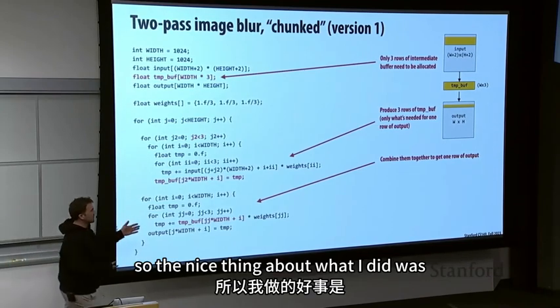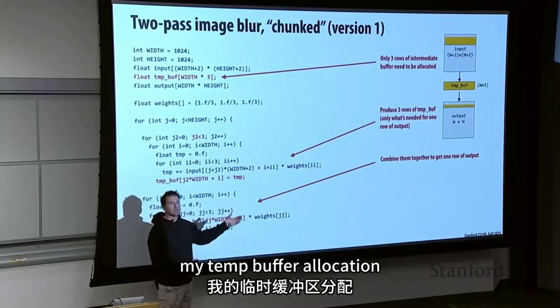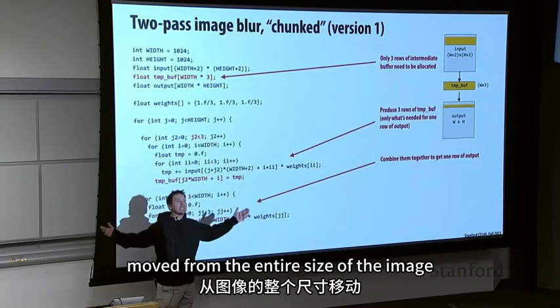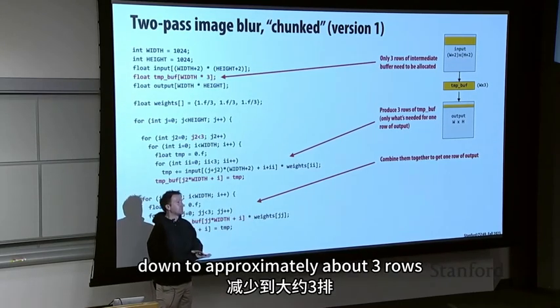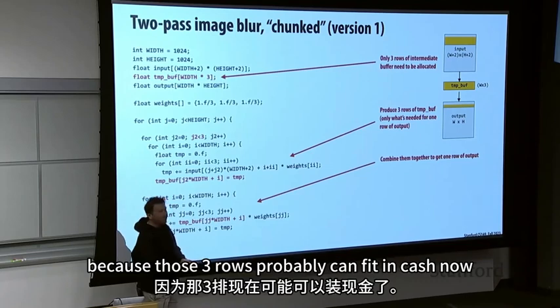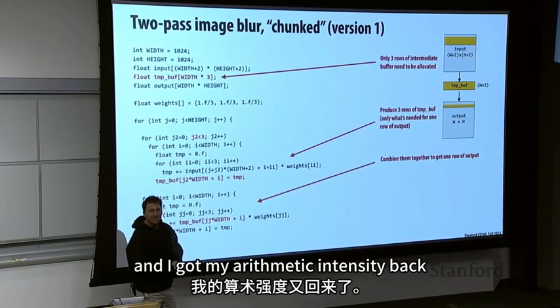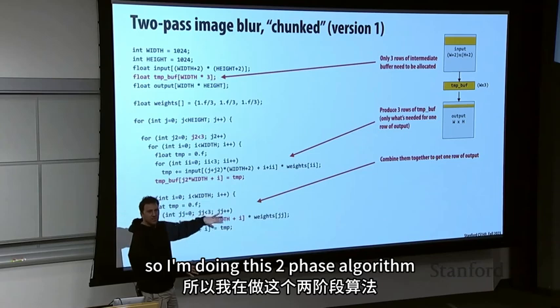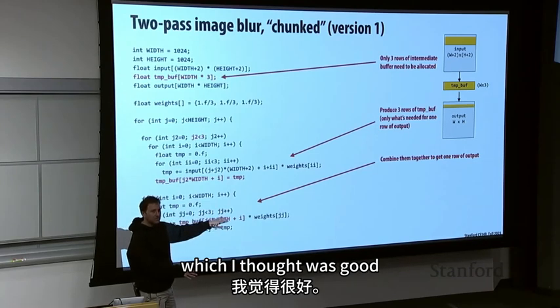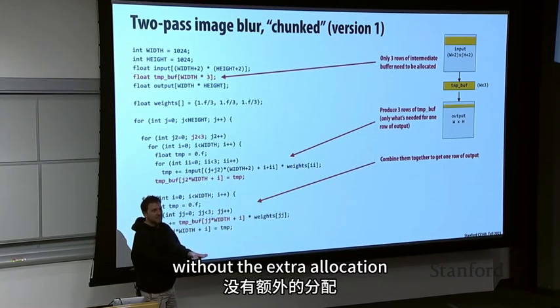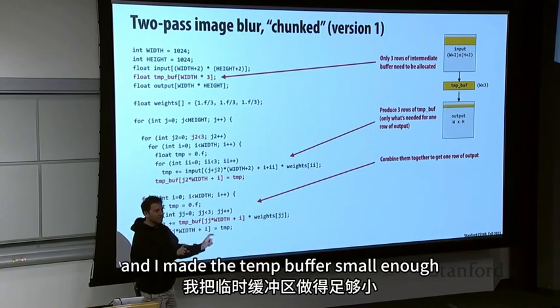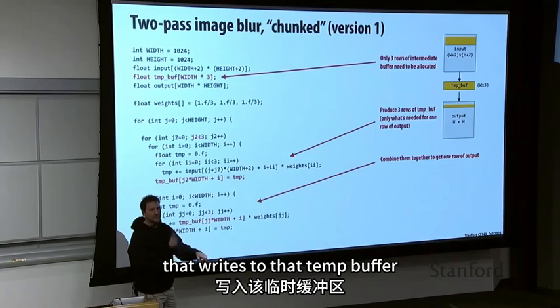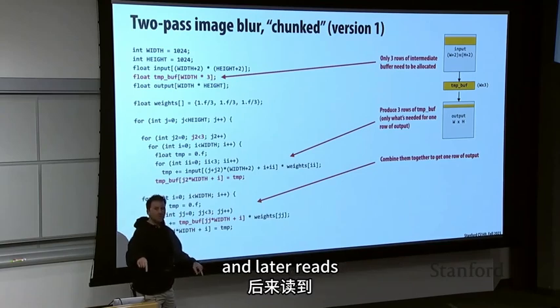The nice thing is my temp buffer allocation moved from the entire size of the image down to about 3 rows, which is good because those 3 rows probably can fit in cache now. And I got my arithmetic intensity back. So I'm doing this 2-phase algorithm without the extra allocation, and I made the temp buffer small enough that writes to it and later reads will hit the cache.